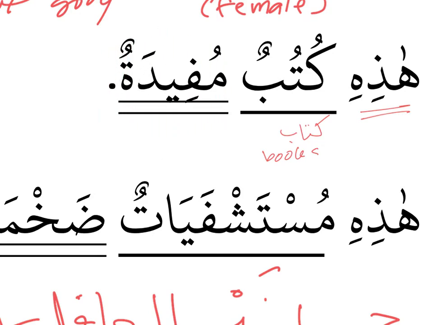Why? Because that is the rule for any jama' muzakkar, any jama' ghairu aqil word. So we say hadhihi kutubun mufidah with this ta. And what is the meaning of mufidah? Beneficial. Hadhihi kutubun mufidah, these are beneficial books. These are useful books.